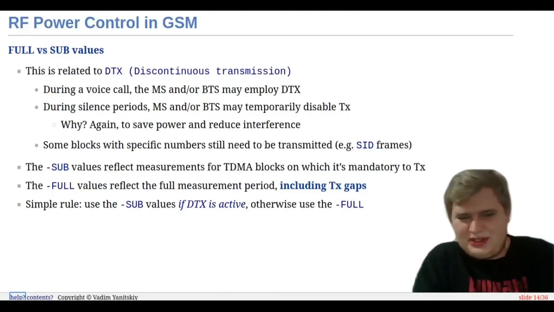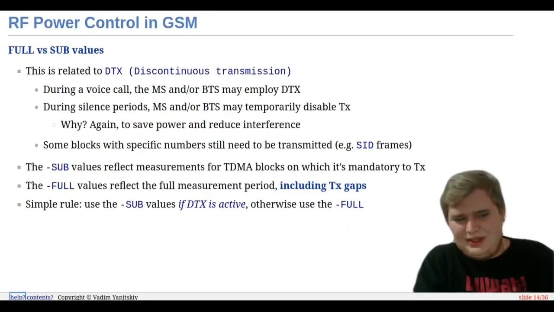But you cannot just disable power for unspecified amount of time, because you still need to send pings to the base station to show that you're still alive, and same in the opposite direction. So 3GPP defines some special blocks with specific frame numbers that still need to be transmitted, regardless of DTX. If there is no speech at the moment, the MS may send silence indications during that time, basically some parameters for the comfort noise encoding.